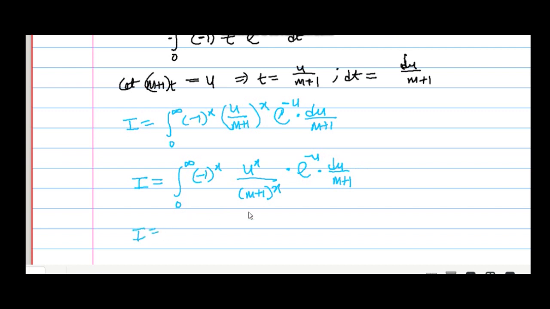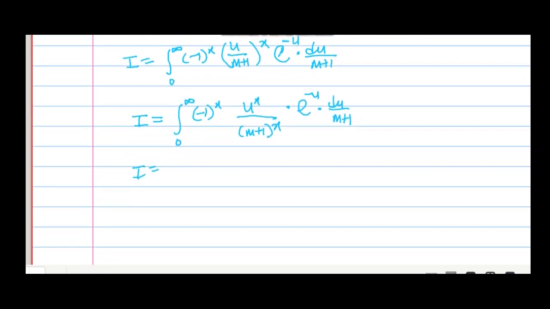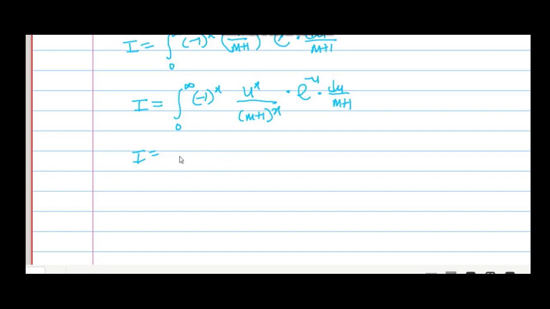So I is going to be equal to the integral from 0 to infinity of minus 1 raised to the power of x. You can actually add the powers of n plus 1 since they have the same base, divided by n plus 1 raised to the power of x plus 1, exponential minus u du.